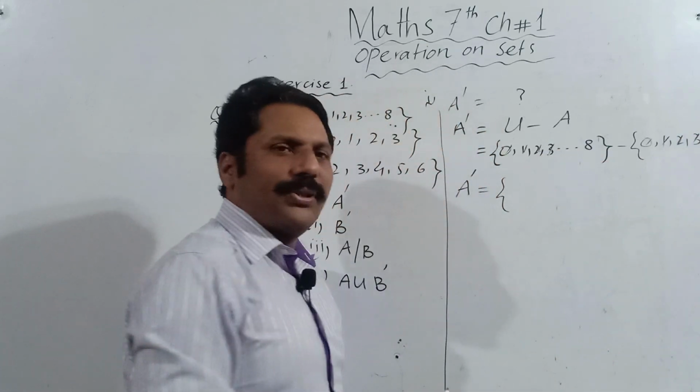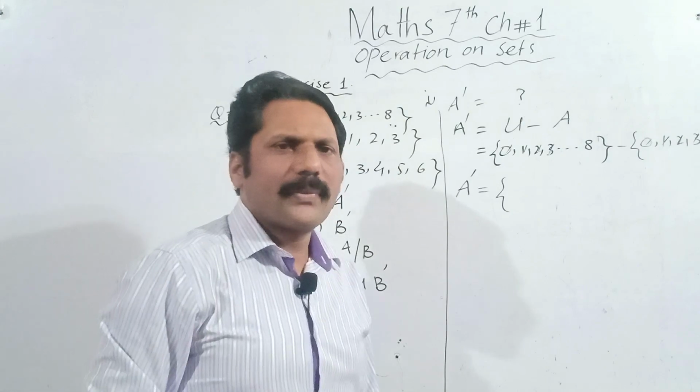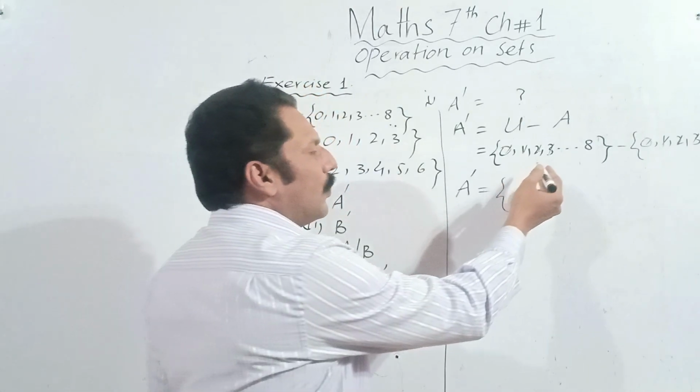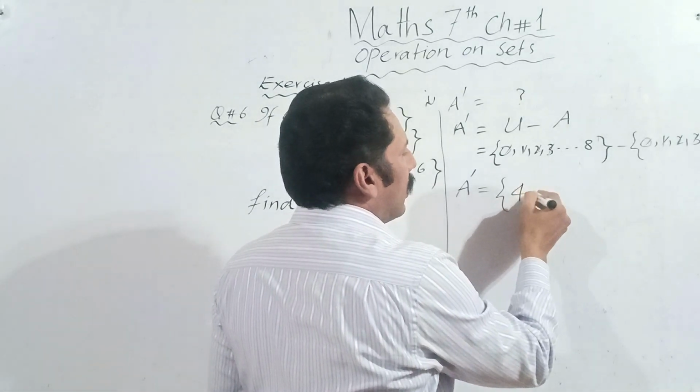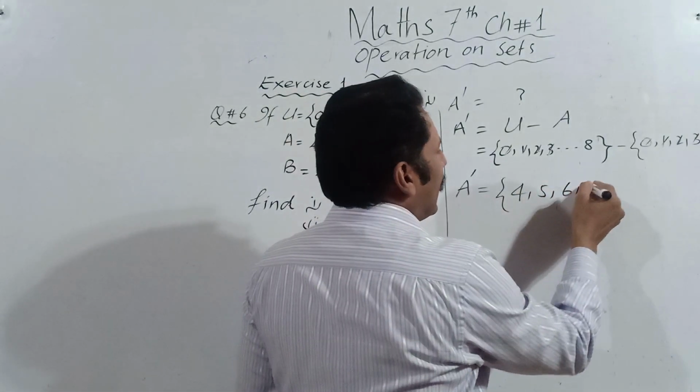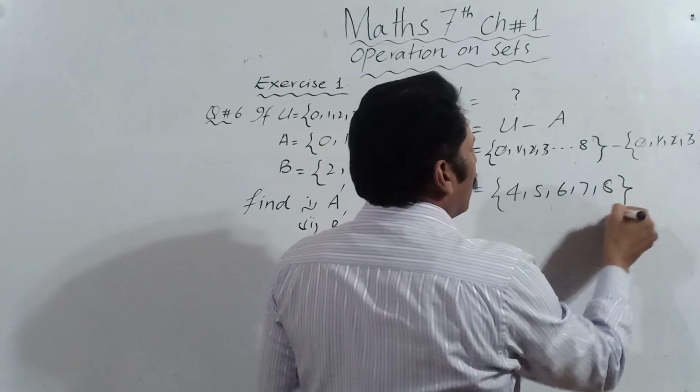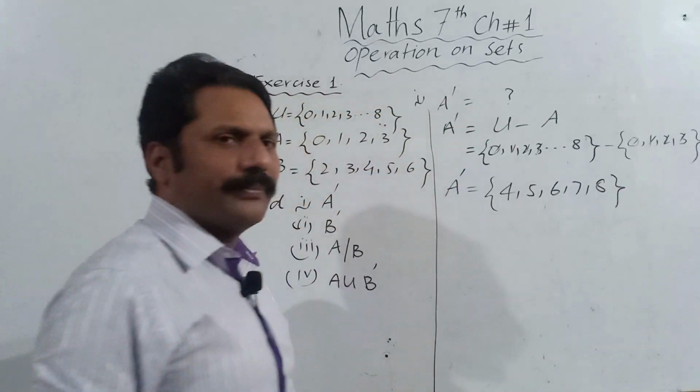So the rest of the elements you can write. This is also good. So what are the next elements? 4, 5, 6, 7 and 8. So this is our A complement.